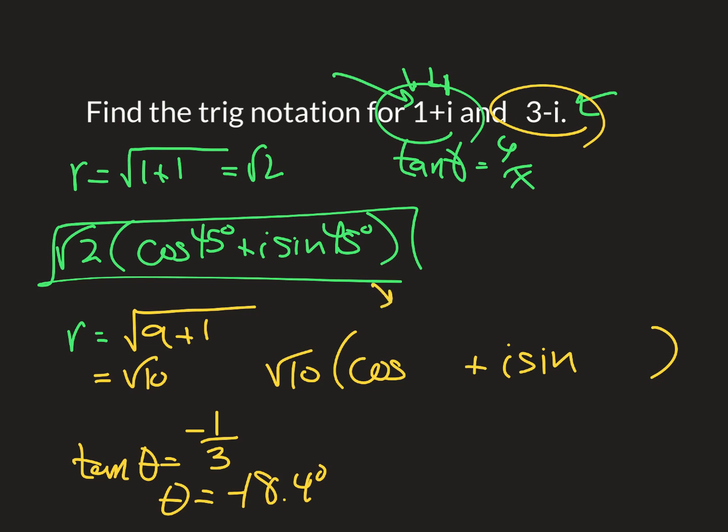So I'm going to add that to 360 to get the coterminal one, the one that makes it positive. And I got 341.6 degrees. And that's how you do that, okay? But you got to watch the quadrants. That's the only difficult thing, and it's not difficult, but you just got to know what angle is in what quadrant before you write your angle down.